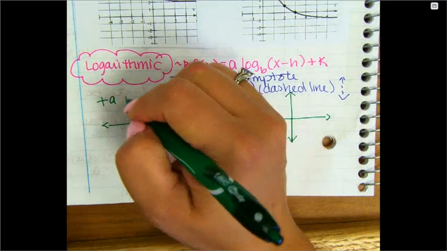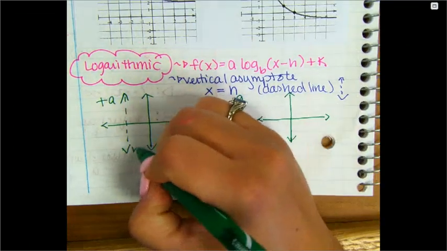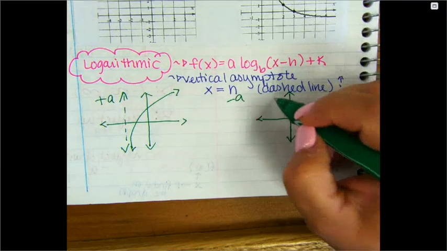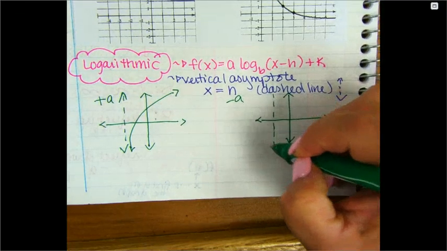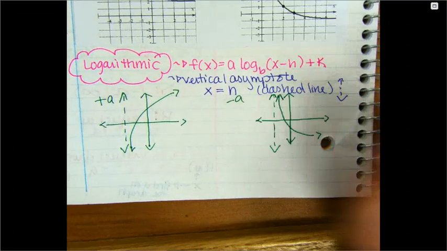So if you're positive, you're going to have some vertical asymptote. Then you're going to look like that. So it kind of looks like we took our exponential and turned it, right? Your negative a, still going to have a vertical asymptote. It's going to look like that.